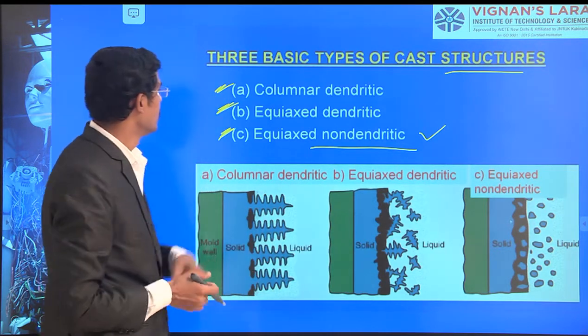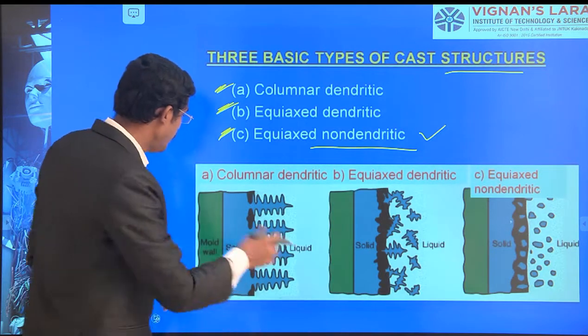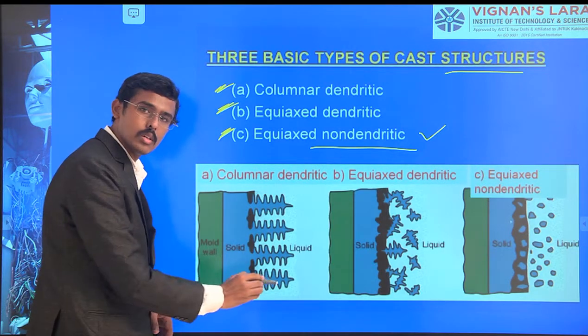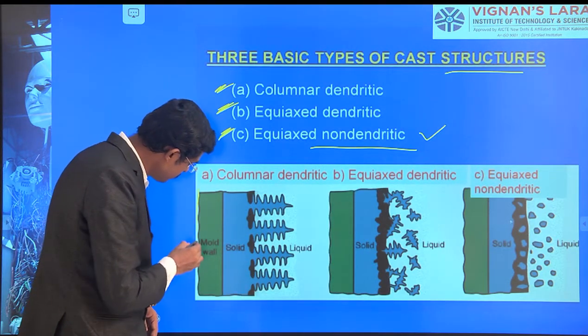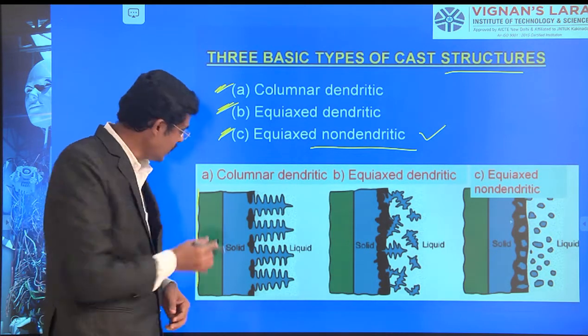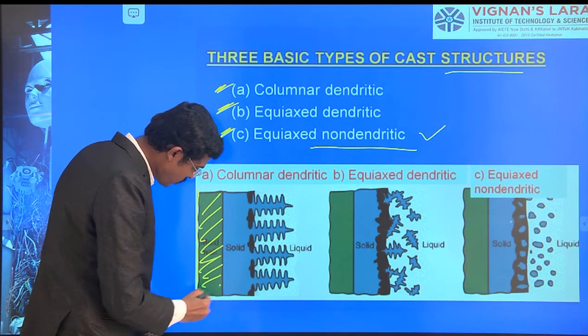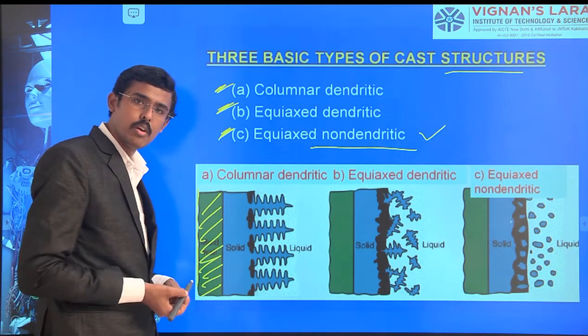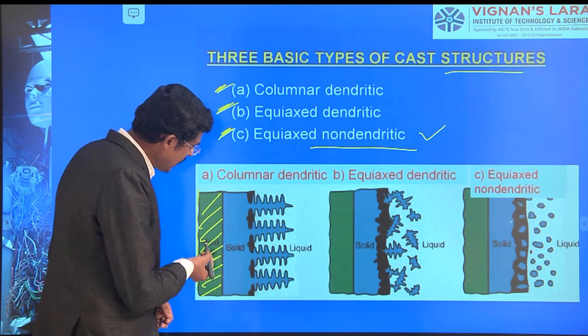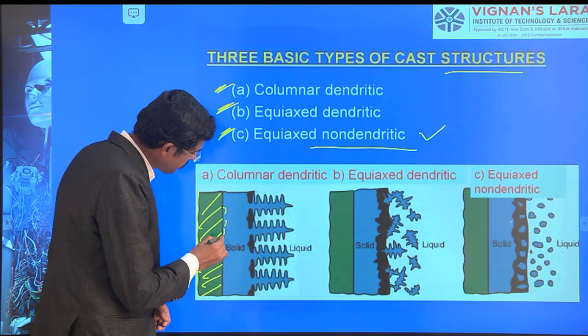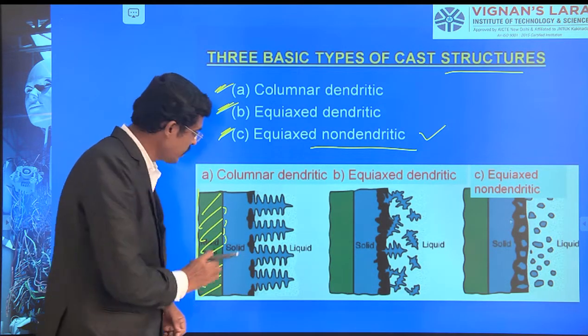You see, the columnar dendrite. So we have, this was the mold. See clearly, this is the mold. At the first initial stage, this green color belongs to the mold region. And from the mold region, we are adding the impurities here. It becomes solid.